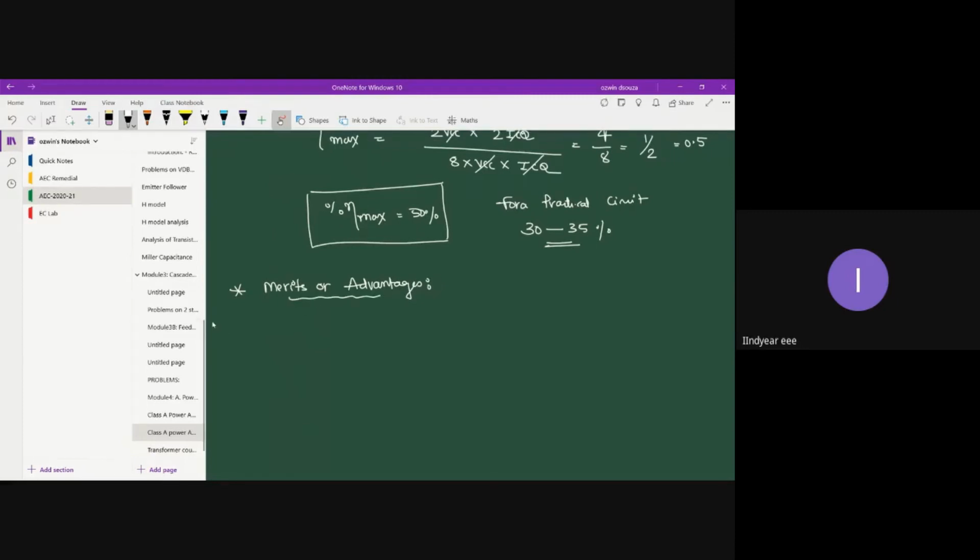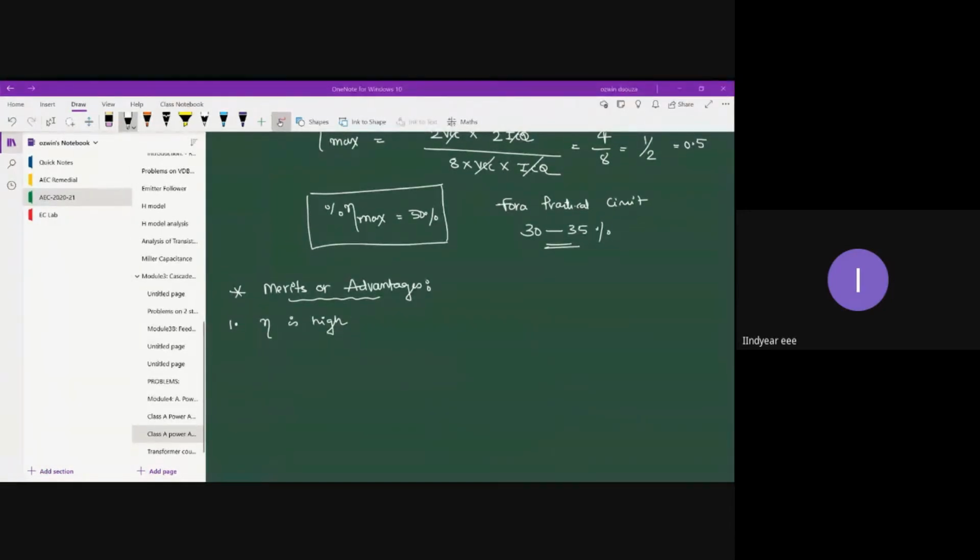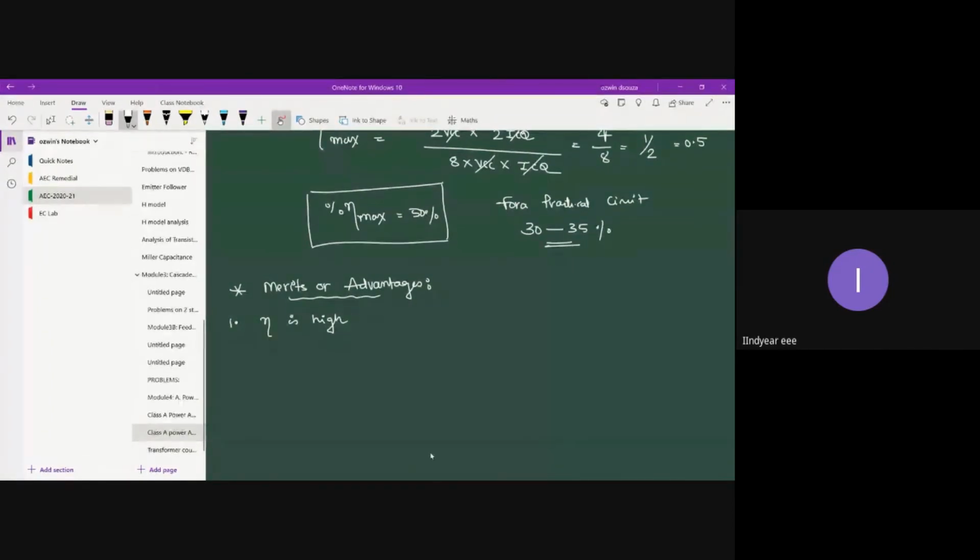The first advantage is eta is high compared to series fed class A power amplifier.